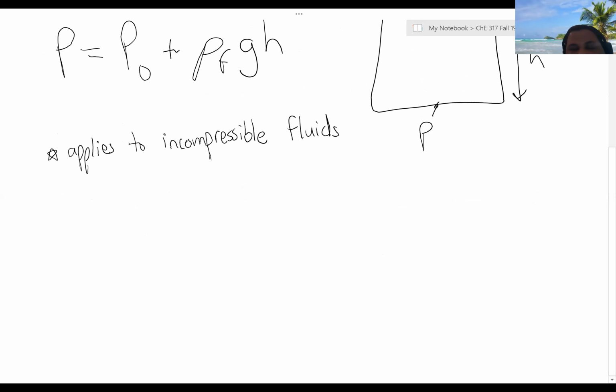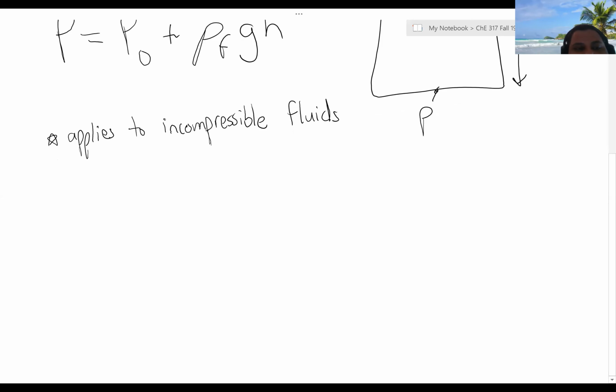And so we worked an example on this. So let's take a look at another example.